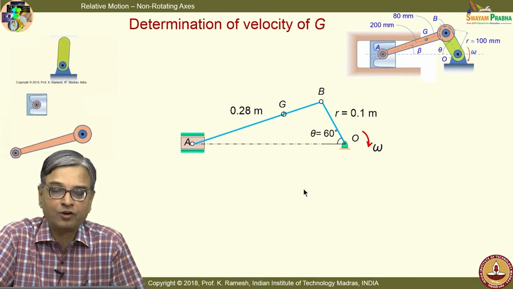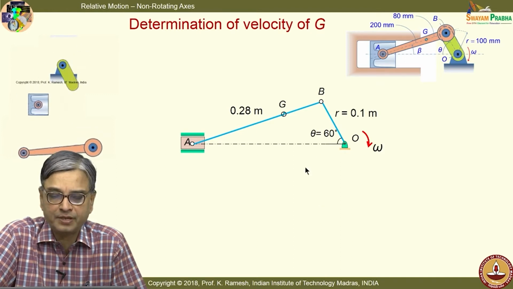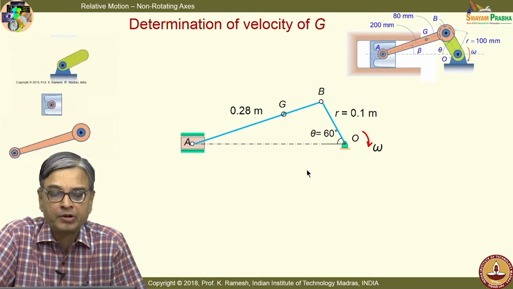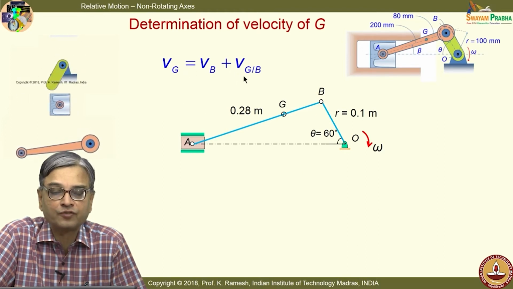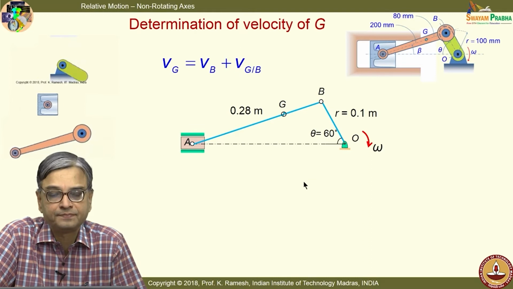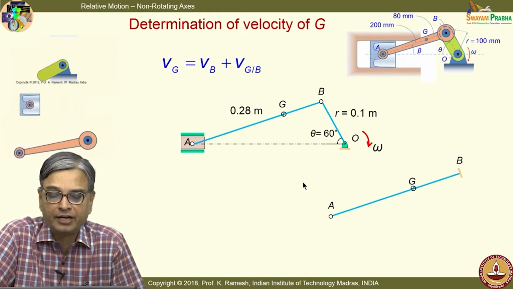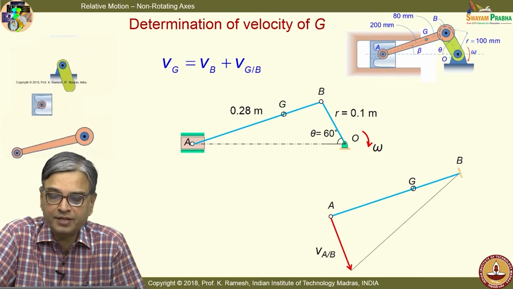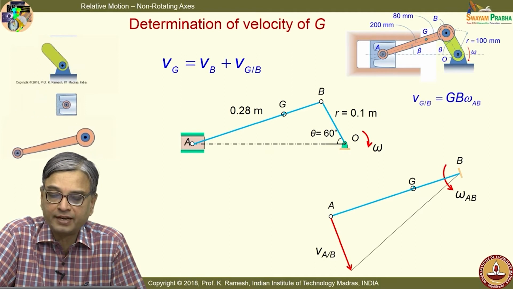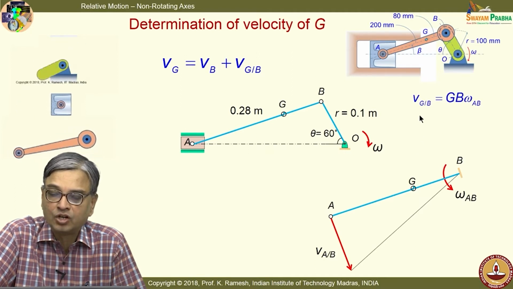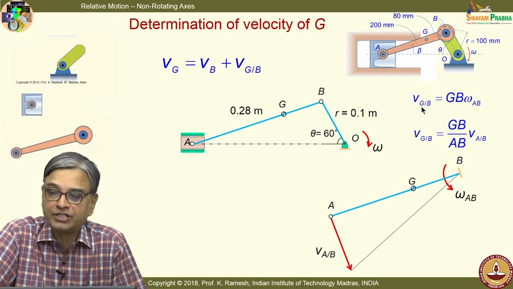We will have to find out the velocity of G, fairly simple, and Vg can be written as Vb plus the velocity of G with respect to B. We have already looked at the velocity of A with respect to B, and we can say what the relative velocity of G with respect to B should be.